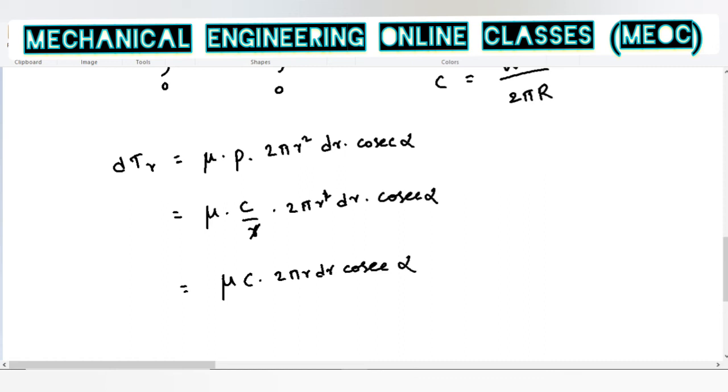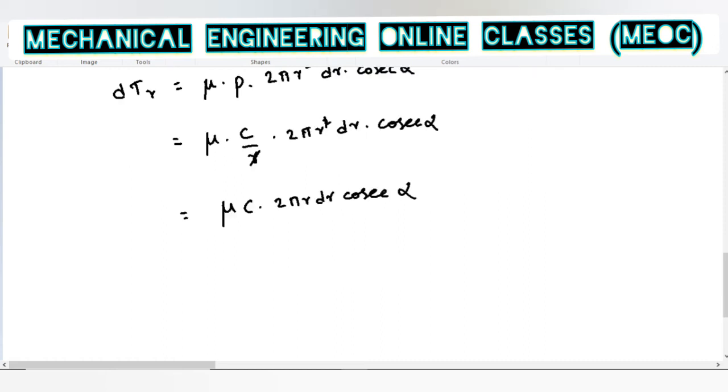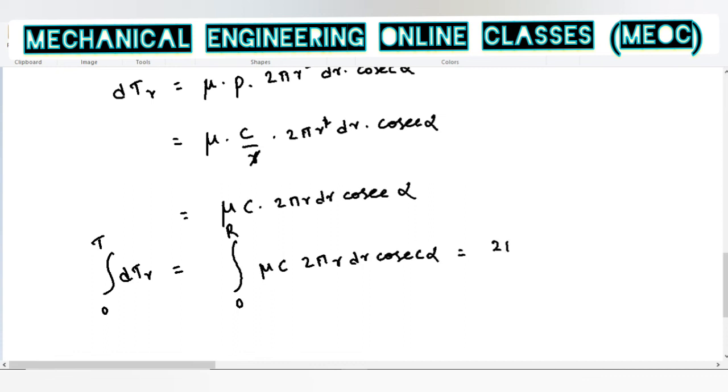Now I will try to integrate this equation on both sides. Integral 0 to T dTr is equal to integral mu C 2 pi r dr cosecant alpha. I can take out 2 pi mu C and cosecant alpha also.